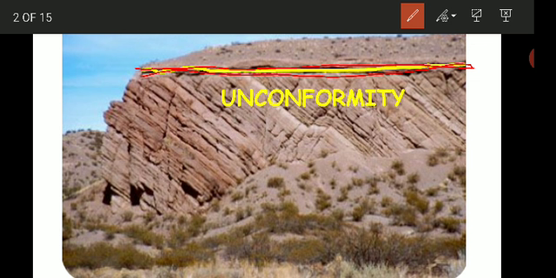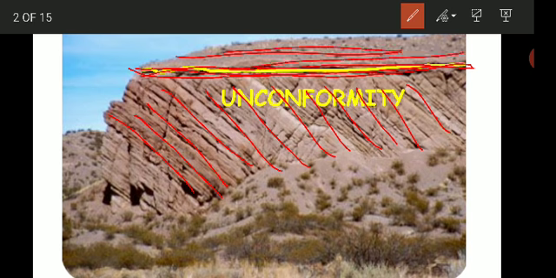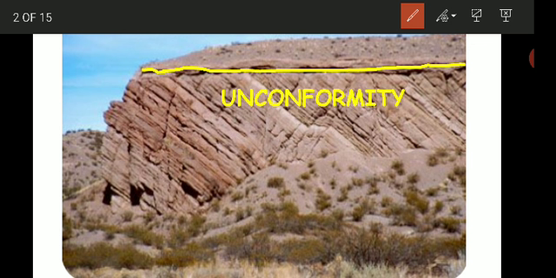These rocks formed first, then they became inclined, and later there was a gap in the deposition, and after that the deposition of the beds started again. So that indicates the line of unconformity.